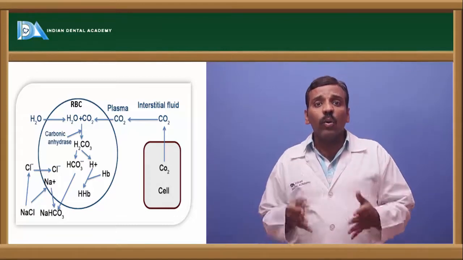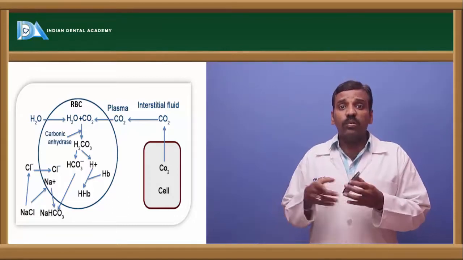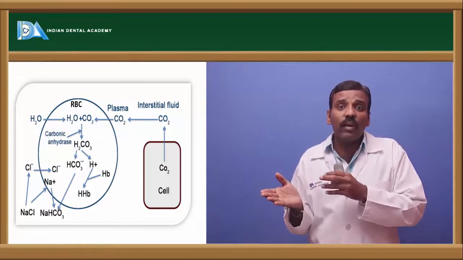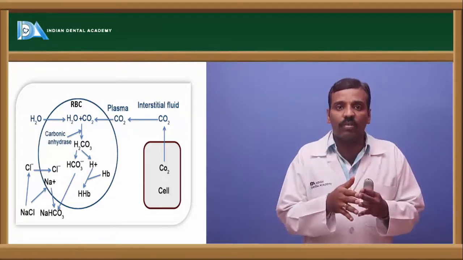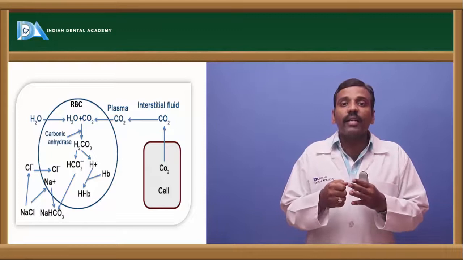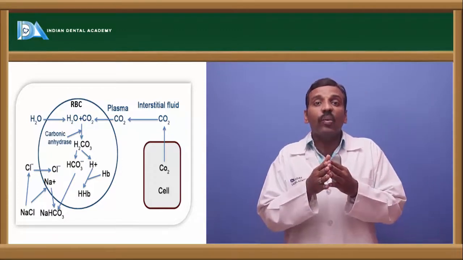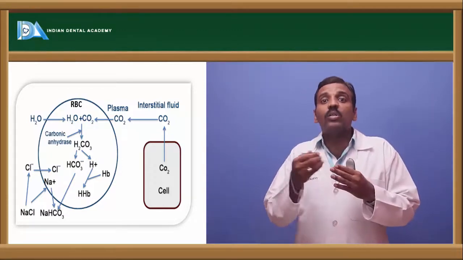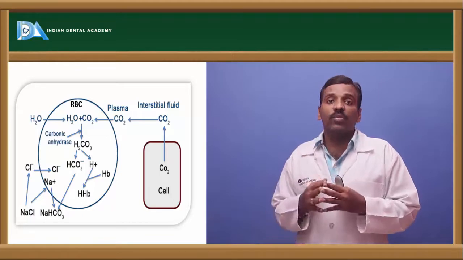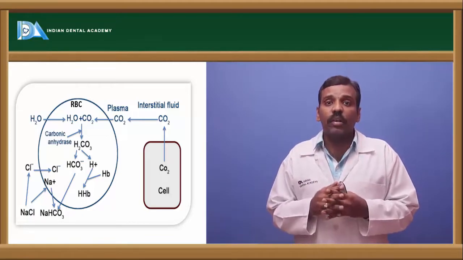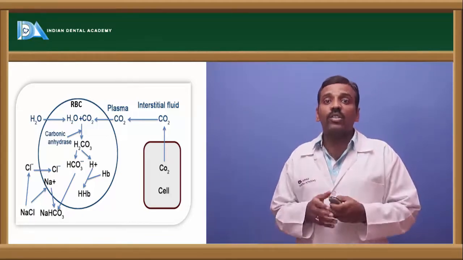The bicarbonate ions come outside of the RBCs, so immediately the chloride ions, divided from the sodium ions, go inside the RBCs for ionic balance. So that is called the chloride shift.